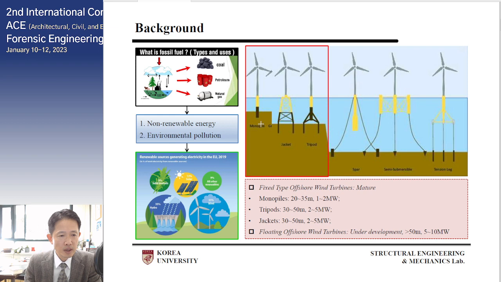Typically, we can consider monopile, which is the most popular in the world, and we can also consider jacket and tripod. In the case of the Korean Sea and the Chinese Sea, because of soft foundation conditions, instead of monopiles, we may also consider the application of jackets and tripods.